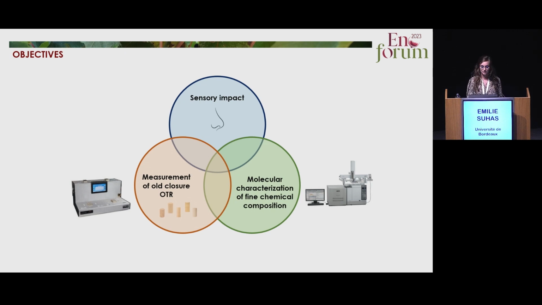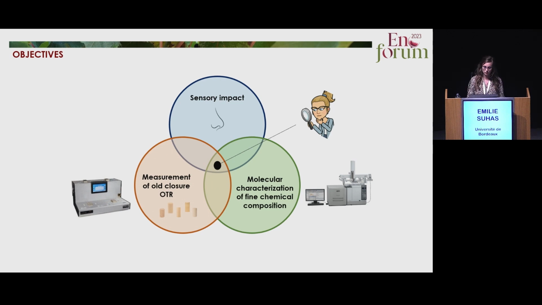In the course of time, a number of researchers like Joly have first of all characterized the measurement of the OTR to quantify the permeability of the closures. Others have been working on the molecular characterization of fine chemical compounds. Others have worked on the sensory impact of these parameters.